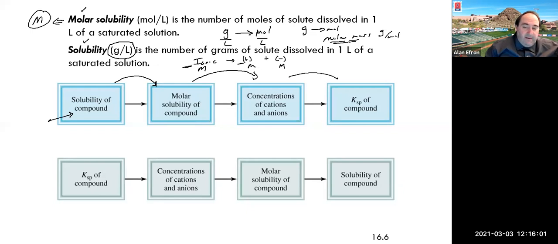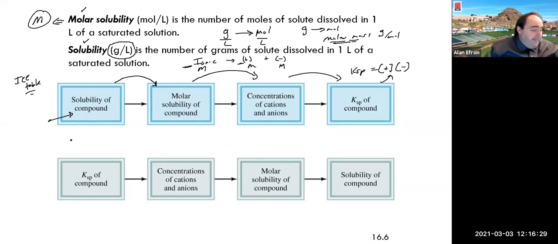Once you do that, you have enough information to put it into your Ksp expression and get an actual value. So that's one approach where you don't really need to use an ice table, but you could, and it might be helpful if you wanted to.